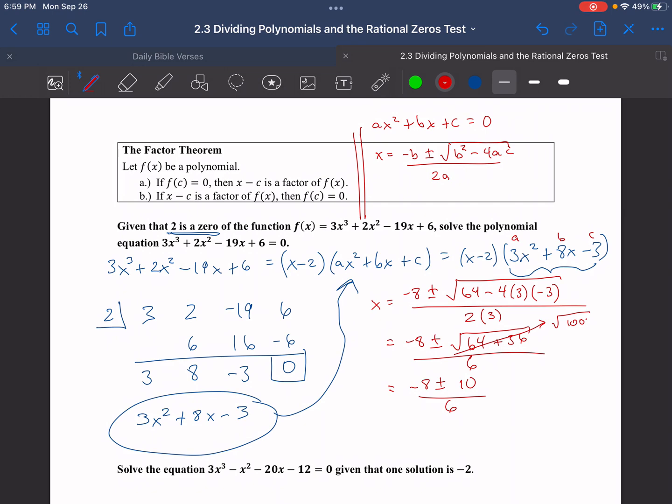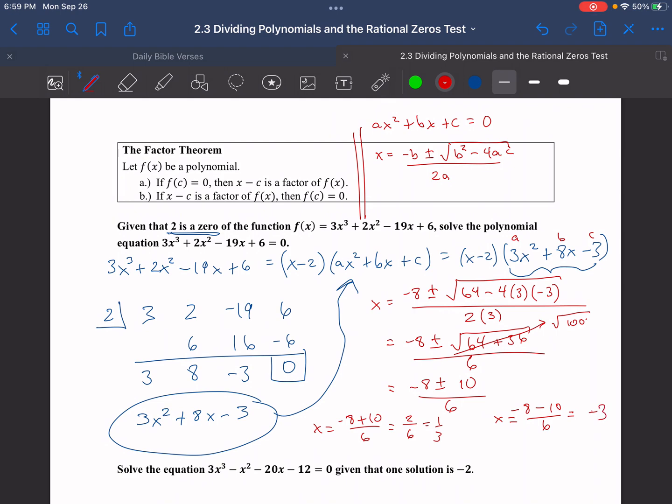We've got the negative 8 plus 10 over 6, and we have the negative 8 minus 10 over 6. So negative 8 plus 10 is 2 over 6, which is 1/3. So that's one of our x's. And then over here, x equals negative 8 minus 10, which is negative 18 divided by 6. And that's negative 3.